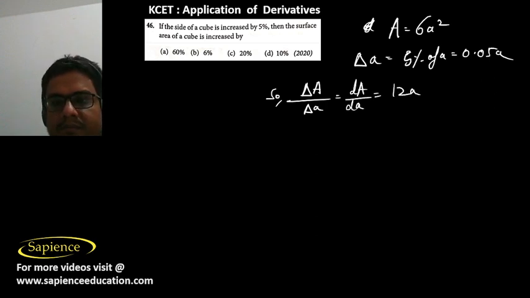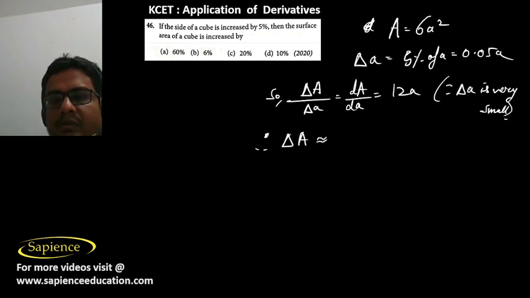Now you can say dA by da is 12a. Since delta a, the change in the length, is very small, I can say that delta A is approximately equal to 12a into delta a.